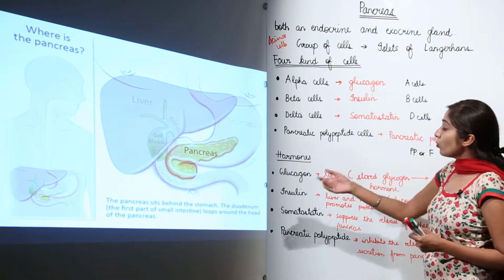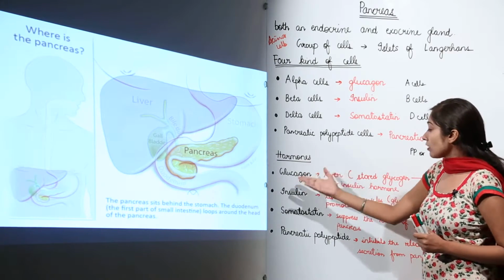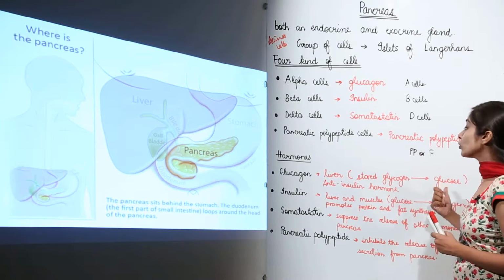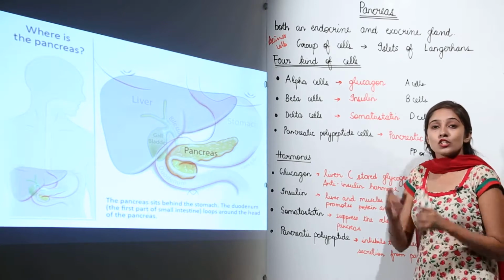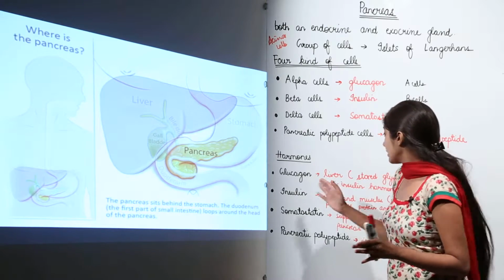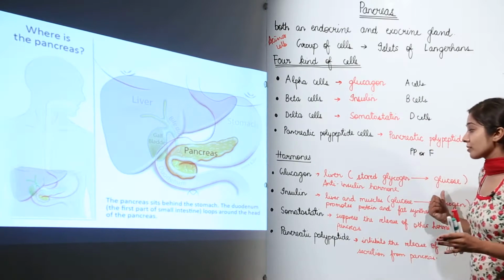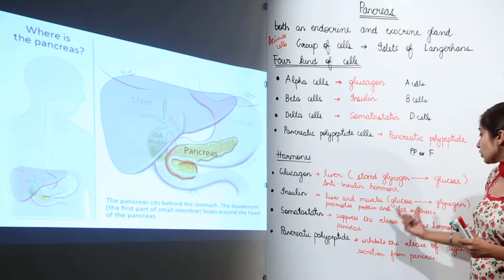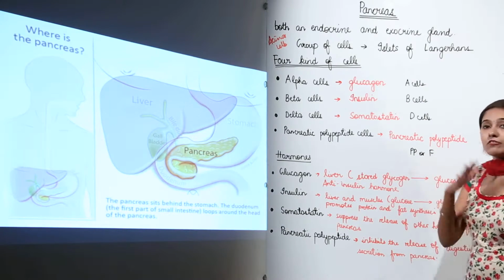Let's talk about glucagon first. Glucagon converts stored glycogen in the liver into glucose. Then we have insulin, which converts glucose into glycogen in the liver and muscles.